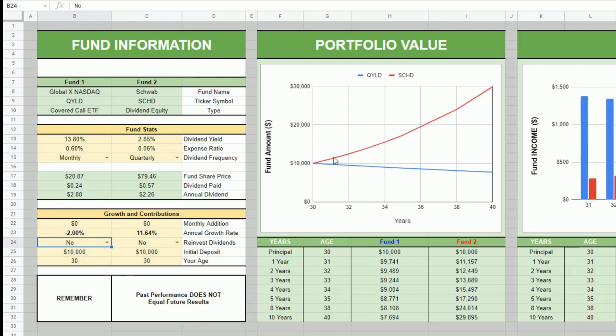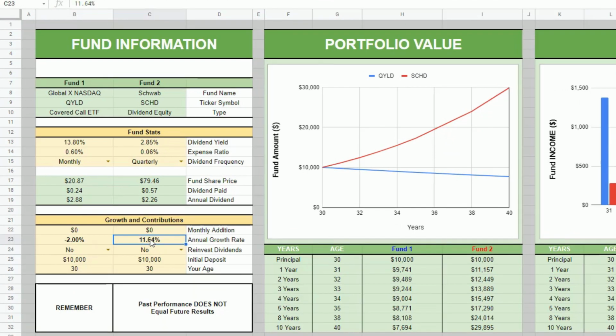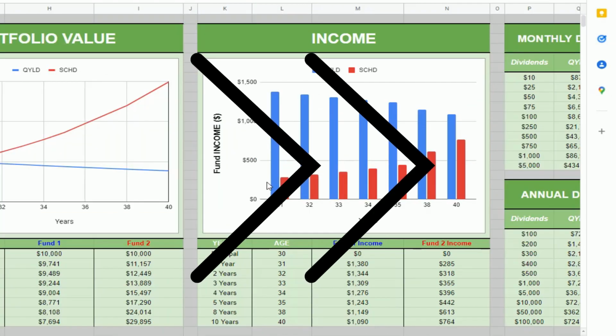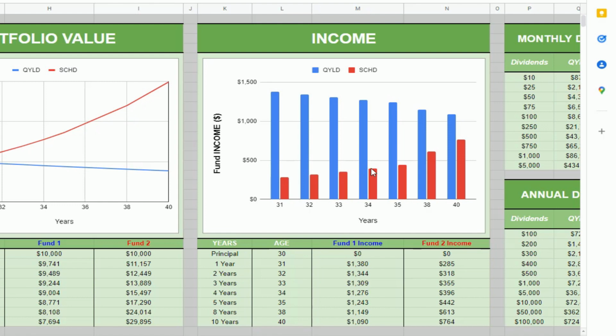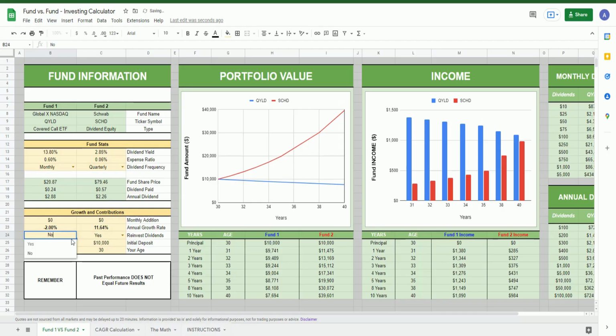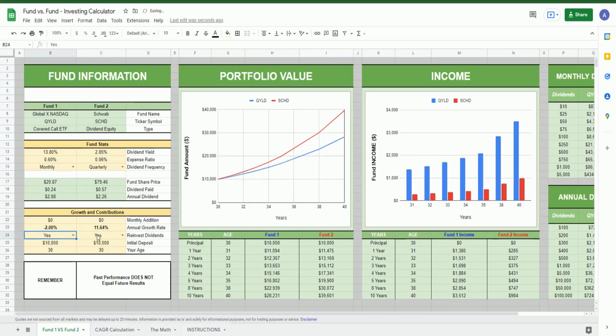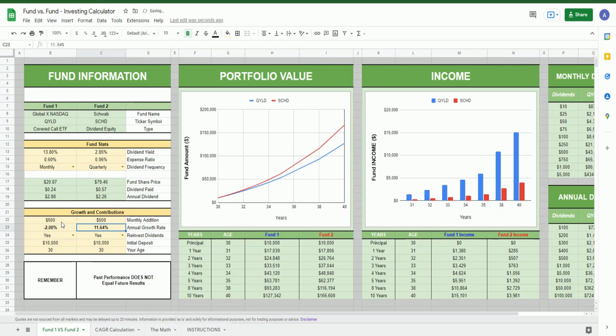How would it perform? Well, that 11.6% growth rate would allow SCHD to continue to grow, but as you pull the dividends out over the course of 10 years, you can see SCHD would start to overtake QYLD in dividend payouts. So over the course of time, let's say we reinvested all of the dividends and we added $500 a month for QYLD and $500 a month for SCHD.